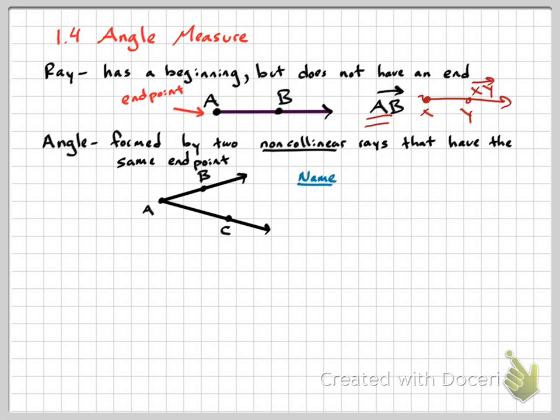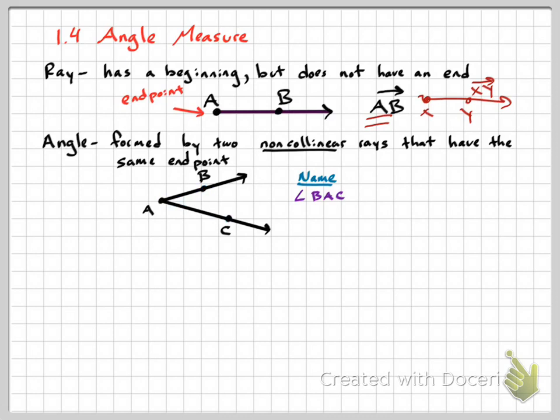So I can either start at B and work my way to A and to C, or I can start at C and work my way to A and then to B. So you're always starting at what's called out on the ray, and then you work your way to the vertex, and you make your way back out to the other ray. So one way to name this angle is angle BAC. So again, I start at B, I go to A, I go out to C.